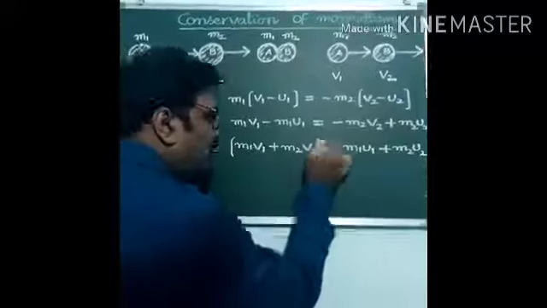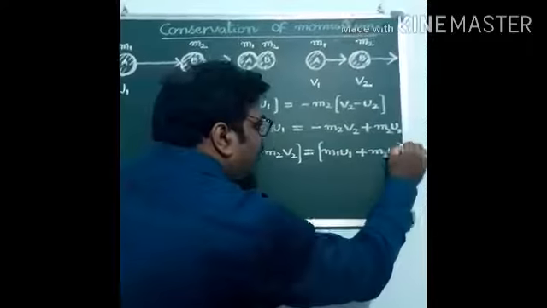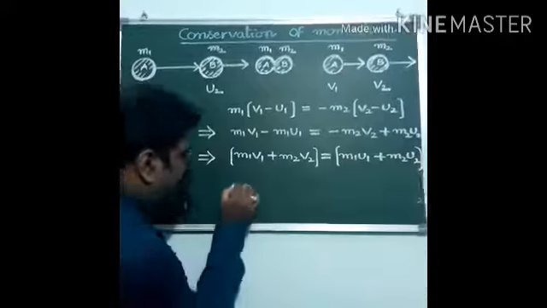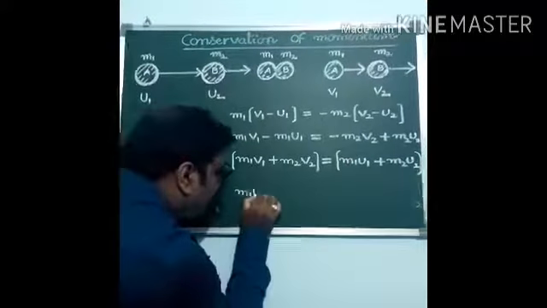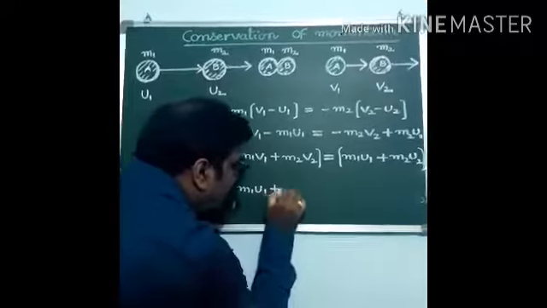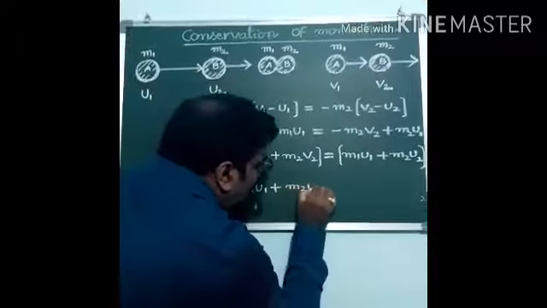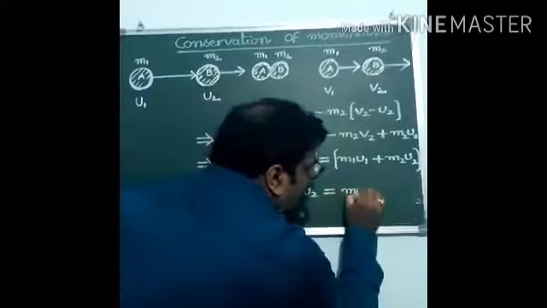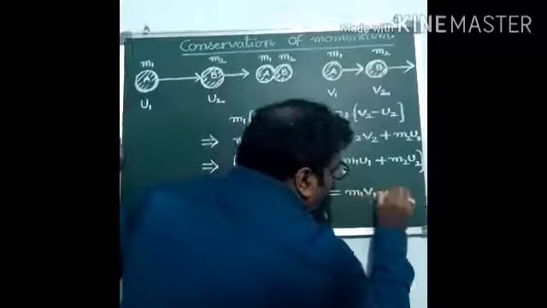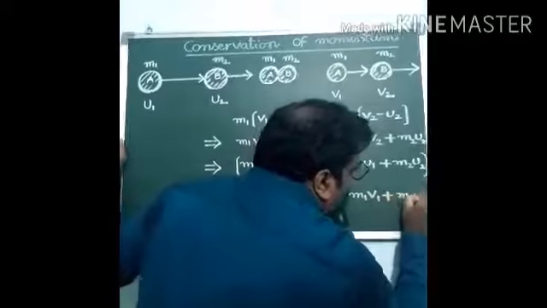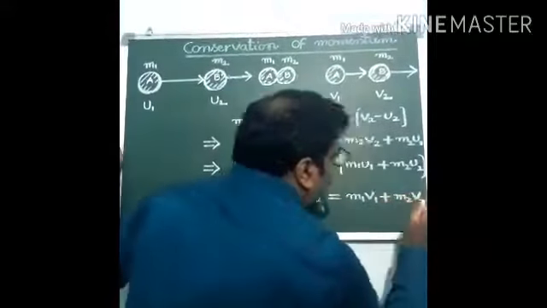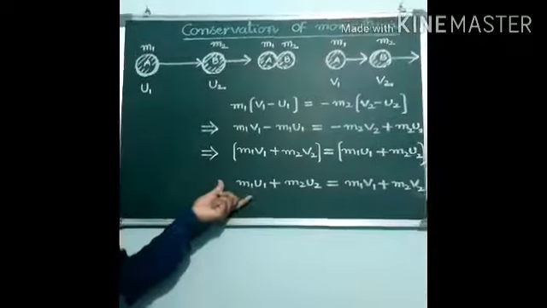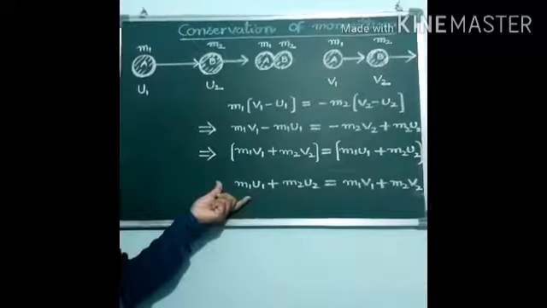And we all know that if A equal to B, automatically B equal to A, according to the symmetric property in mathematics. So m1 u1 plus m2 u2 equal to m1 v1 plus m2 v2. So this equation is the law of conservation of momentum.